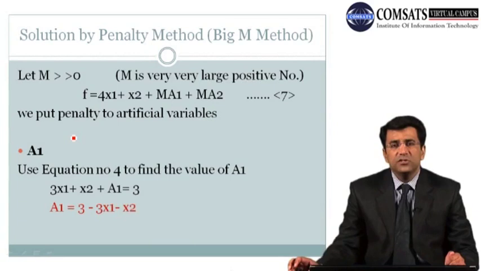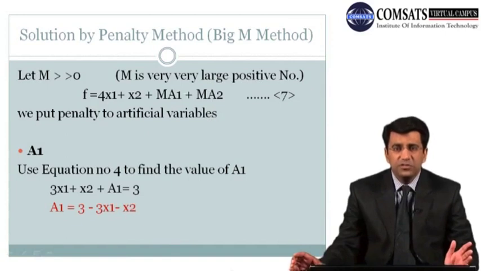Now students, what we actually do, we use the different artificial variables, and in the particular objective function we have multiplied that very large quantity with those artificial variables, that is a1 and a2, and actually we have reformulated our objective function. This is the procedure defined by the different theories, and students, you should follow this particular rule.